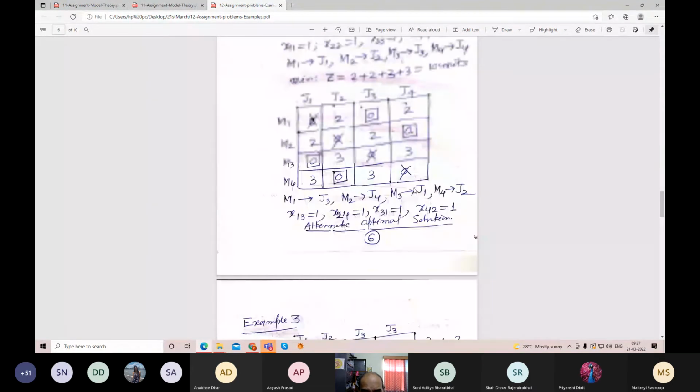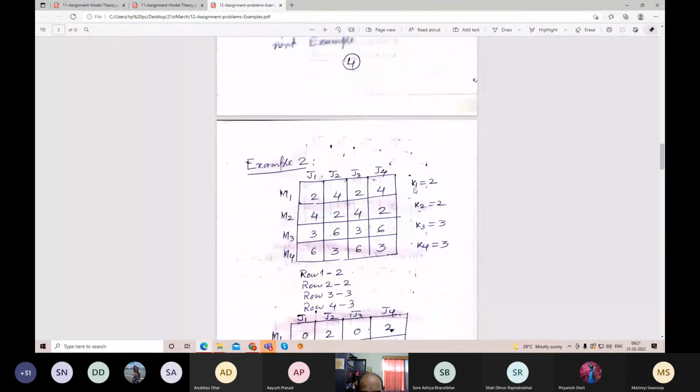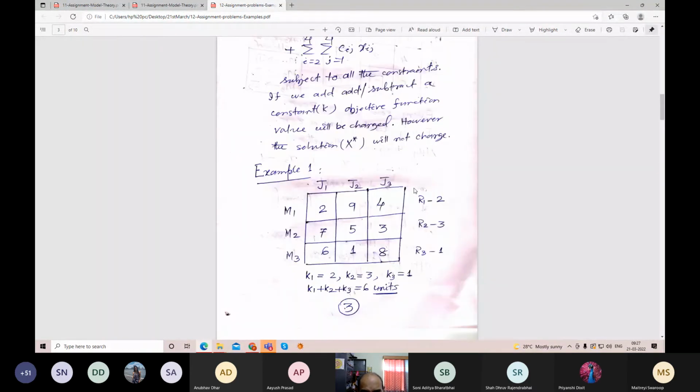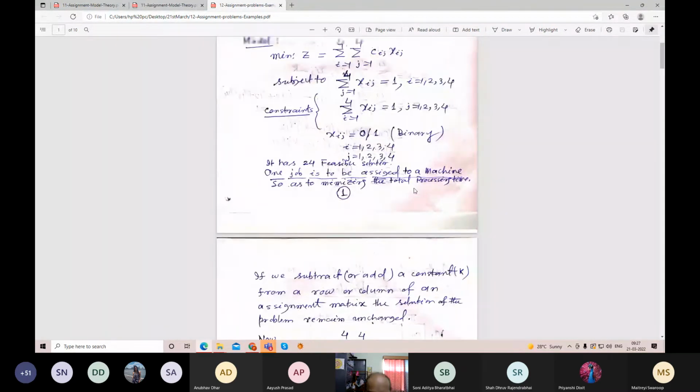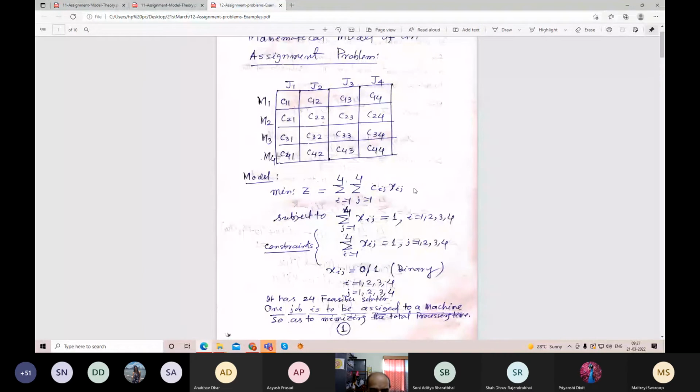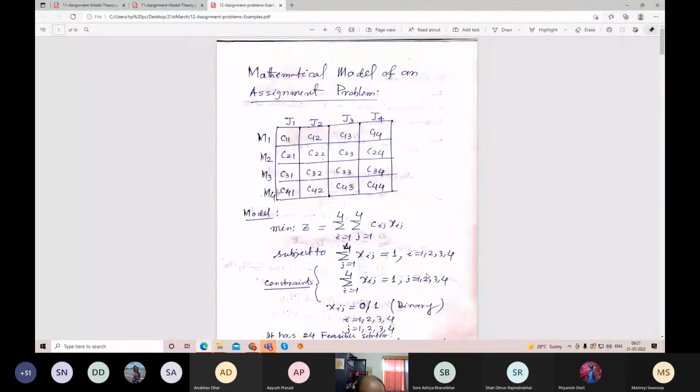So what we have discussed here, generally, some few points I would like to include. The assignment problem is minimization type. If somebody is posing the problem as a maximization type problem, what will happen to the solution?